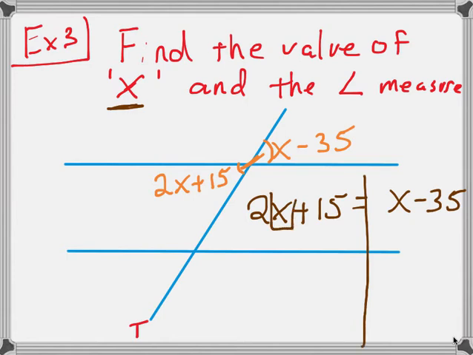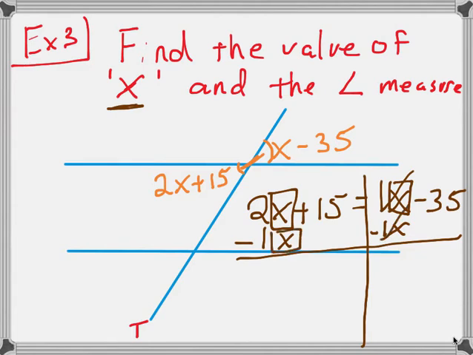Geometry, guys, is an upgraded form of algebra. You turn everything geometric. You use formulas and basic definitions to turn it into some algebra. Right now I'm just solving this equation. I'm going to take all my variables to the left side.